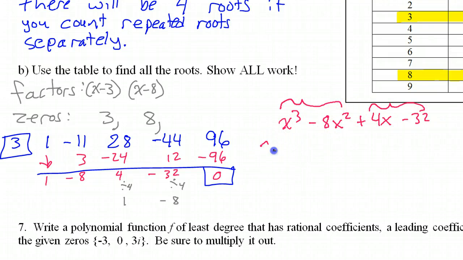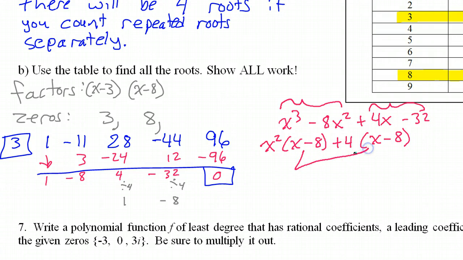Common factor here is x squared, so that will leave behind x minus 8. The common factor here is 4, so if I pull out the 4, again that will leave behind x minus 8. See, these two are the same, so I can factor that out, x minus 8. That's going to leave behind x squared plus 4.